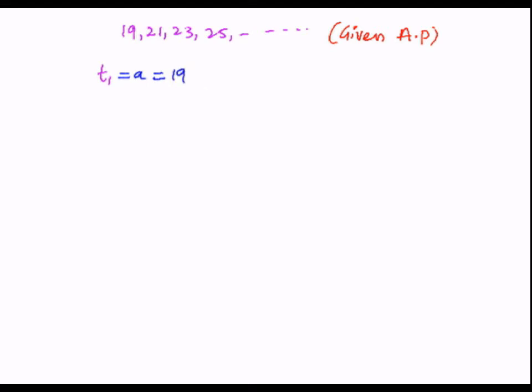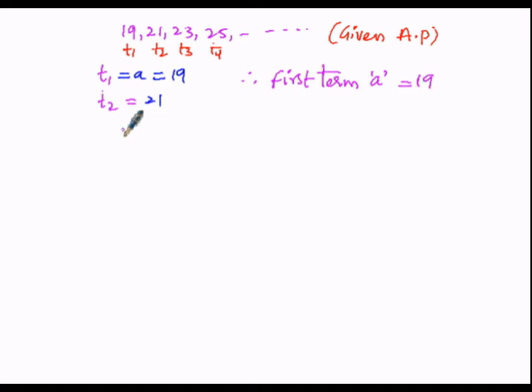Let us write T1, T2, T3 and T4. The second term T2 is given as 21. So here we got the value of A. A is the first term, so we can write, therefore, the first term denoted by A is equal to 19.